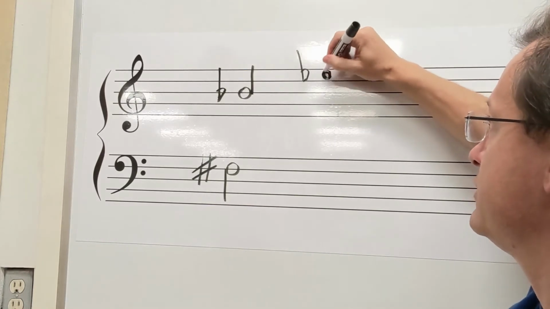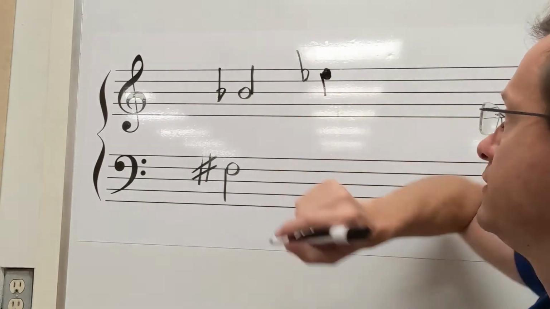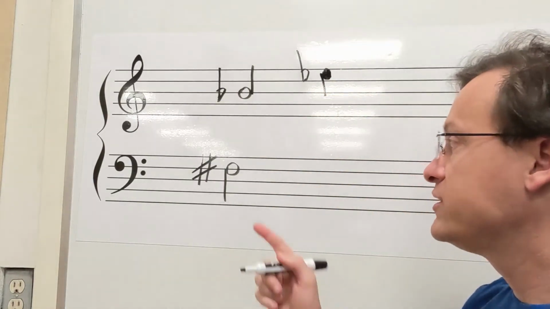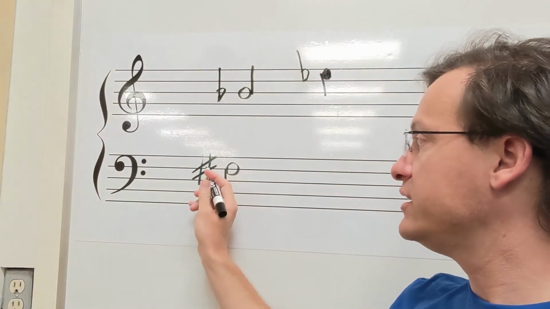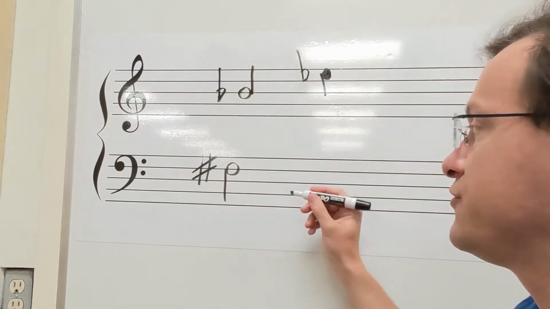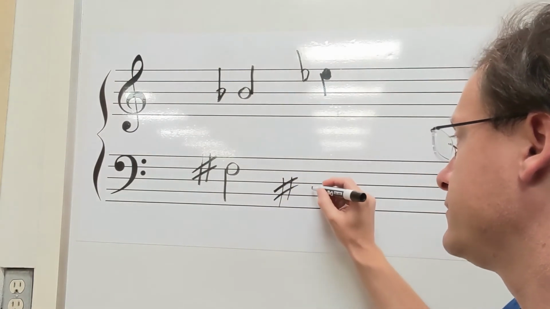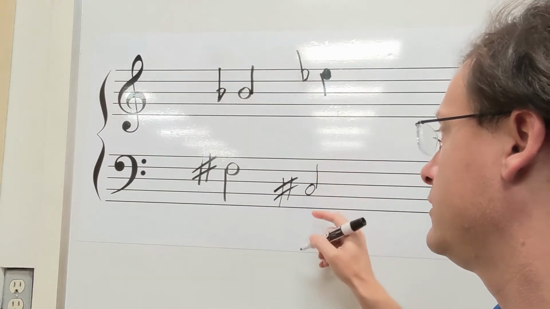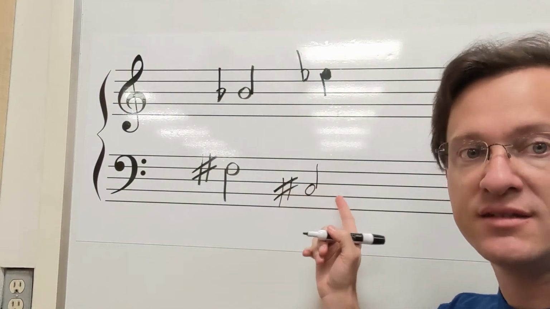So maybe I have a quarter note here, okay? So E flat, something like that. With the sharps, it's just the center of the sharp that really crosses whatever line it is. So for example, if I put a sharp like that, here's a C. This sharp is obviously in the C space, so it's C sharp.